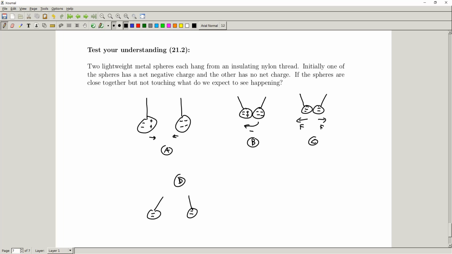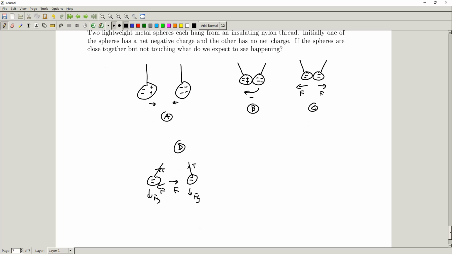And at this point, we're going to reach some sort of equilibrium. These things aren't going to move anymore. They have a net repulsive force, but because they're tied down, we have some force of tension here. We have some force of gravity here, and we have a net repulsive force keeping them apart. And so it reaches some sort of equilibrium, and these things sit some distance apart until something else would happen. So that answers that question.